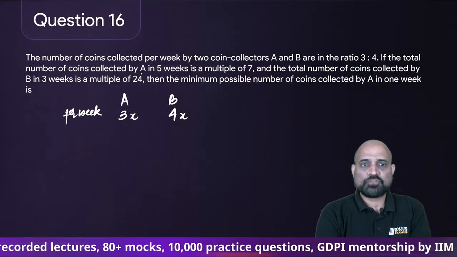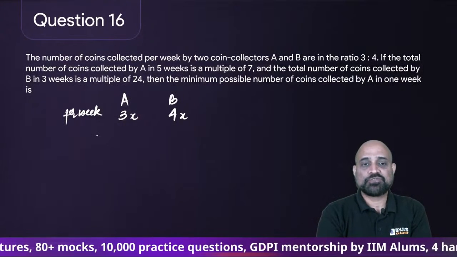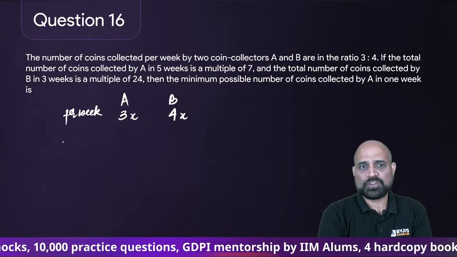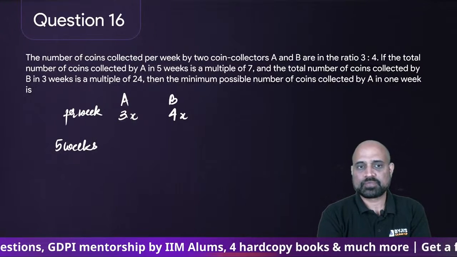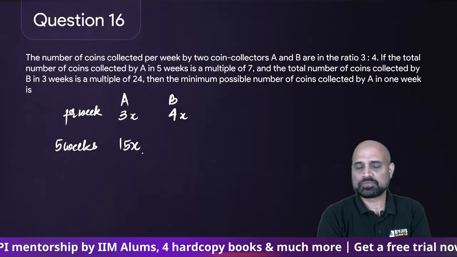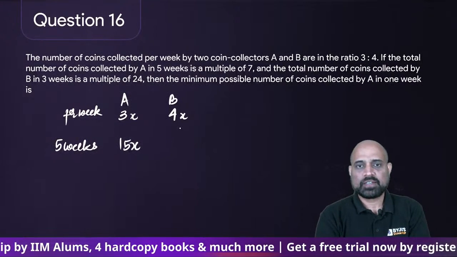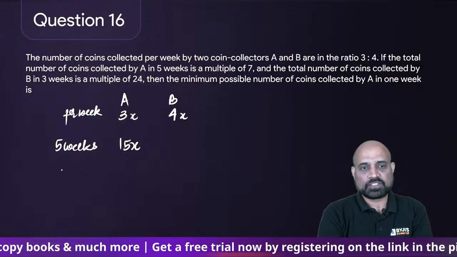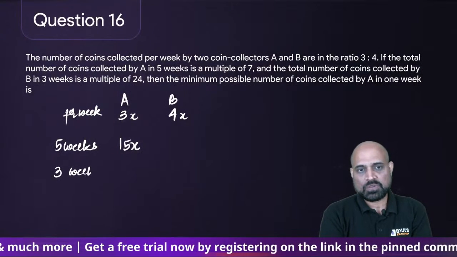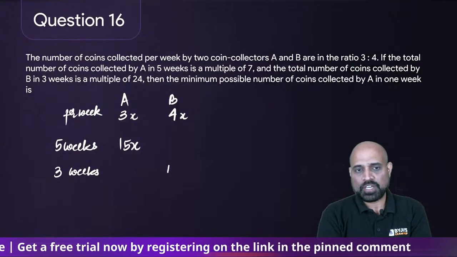If the total number of coins collected by A in 5 weeks, 5 weeks में A का कितना होगा? 5 into 3, 15x, right? And the total number of coins collected by B in 3 weeks, B का 3 weeks में कितना होगा? 4 into 3, 12x.